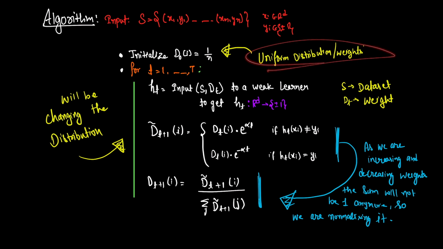As I said, first we initialize the distribution and then we change it iteratively. We input to get an h_t, which gives either plus 1 or minus 1, and we change the distribution by multiplying with alpha_t based on whether the prediction matches the actual output.